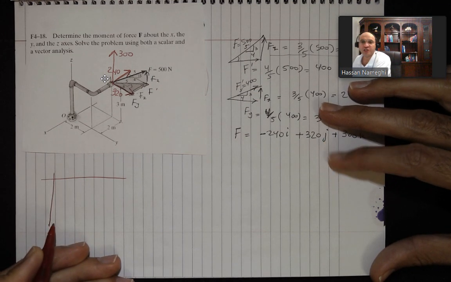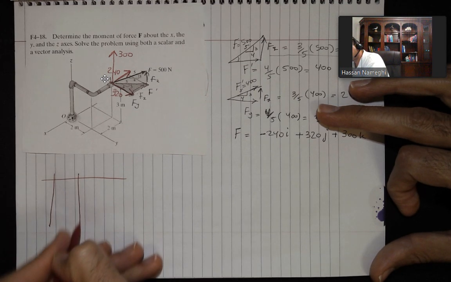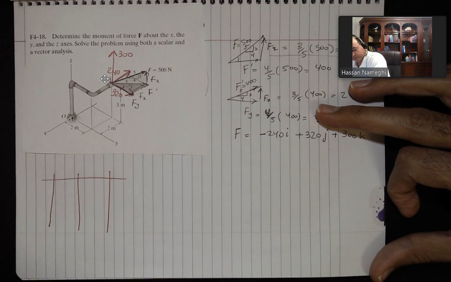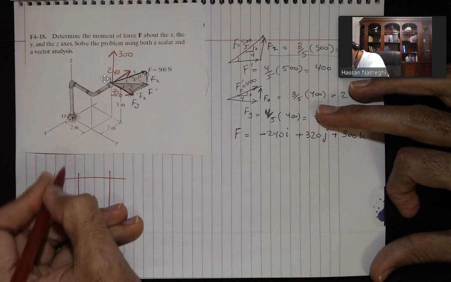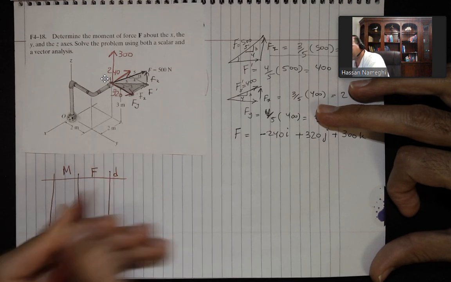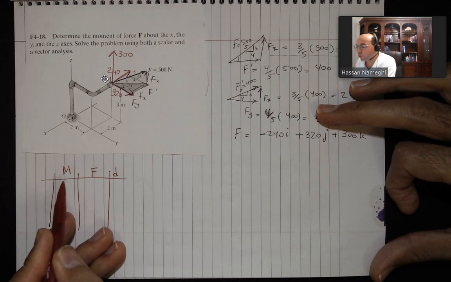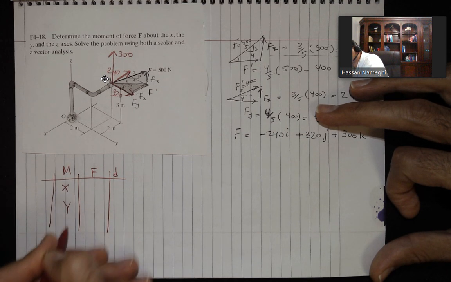Now we have 3 chairs. In these 3 chairs we have the moment, the force, and the distance. If I want to do moment about point x, I want to do moment about the x-axis, y-axis, and z-axis.